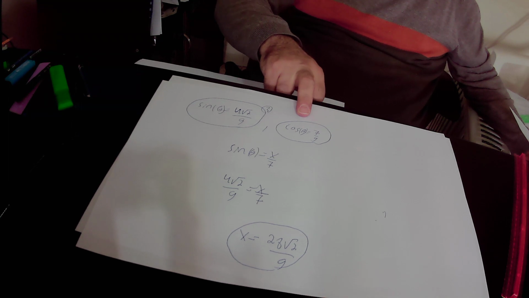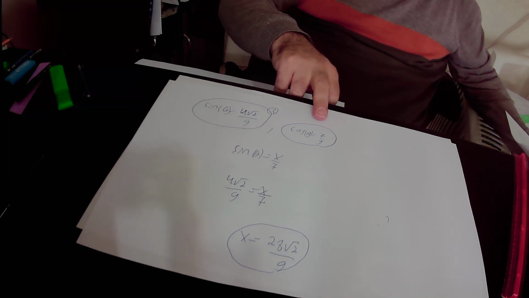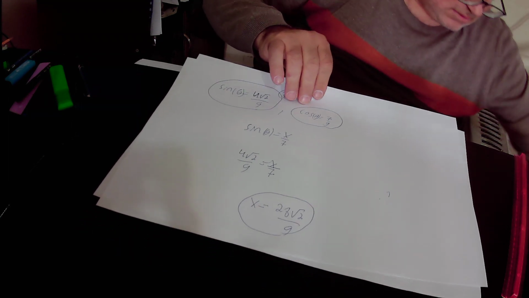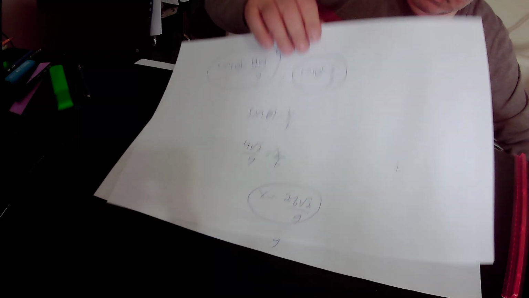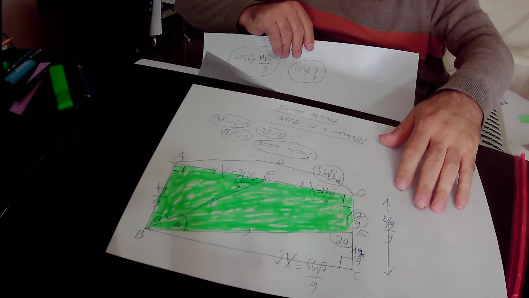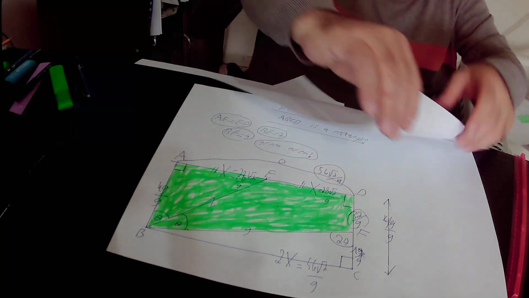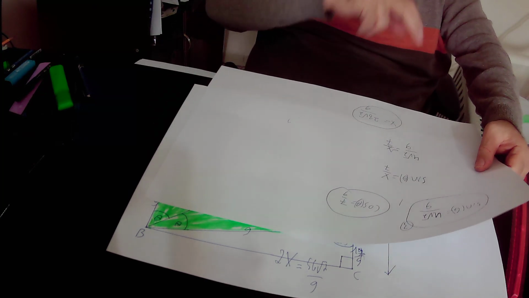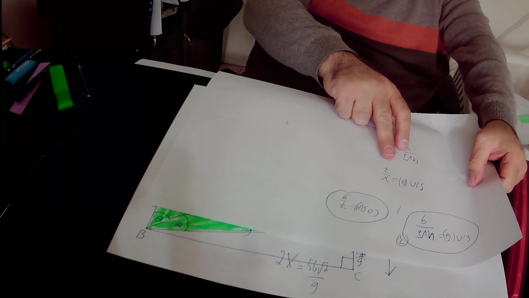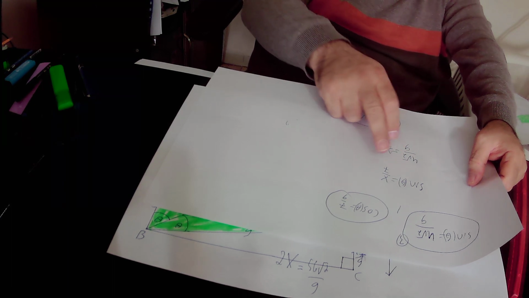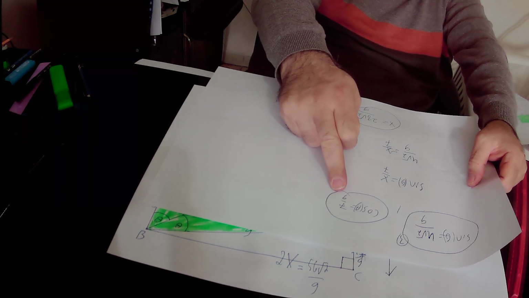Actually, we found out that cosine theta equals 7 over 9. And then here we have this right triangle. We know that sine theta equals x over 7 and cosine theta equals 7 over 9.